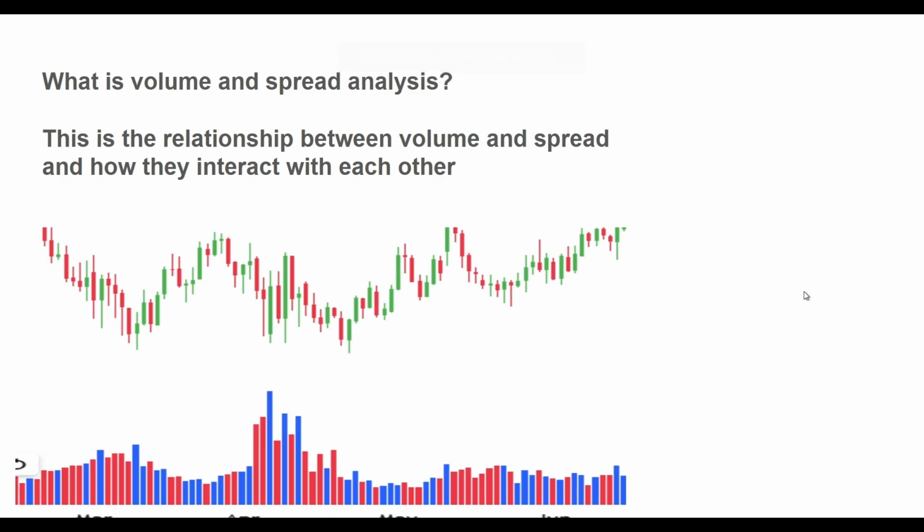So what is volume and spread analysis? Volume and spread analysis is the relationship between volume and spread and how they interact with each other. You cannot use volume without the spread, and you cannot use the spread without the volume.